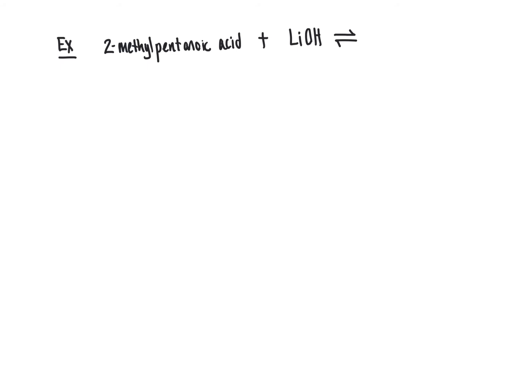We need to recognize first and foremost here that lithium hydroxide is a base, and the reason we recognize it as a base is that it has this hydroxy anion, or hydroxide ion, as we can call it here. We have OH minus, and that would be bonded to lithium plus through an ionic interaction here.